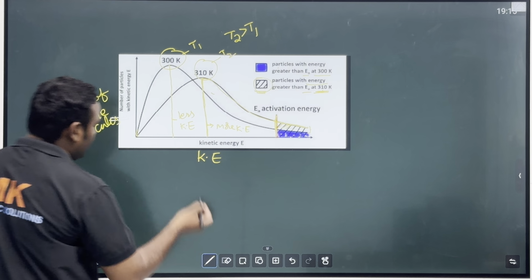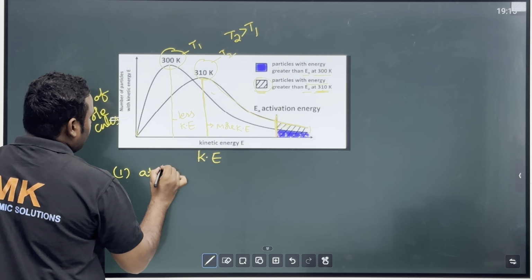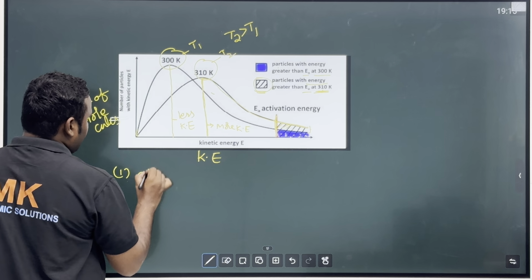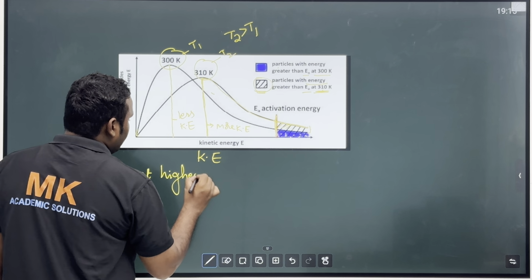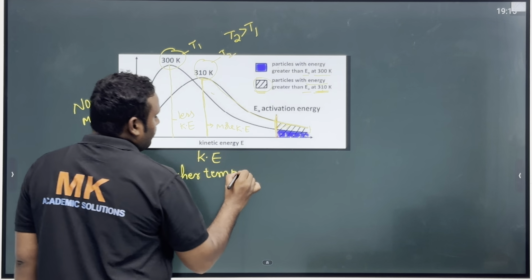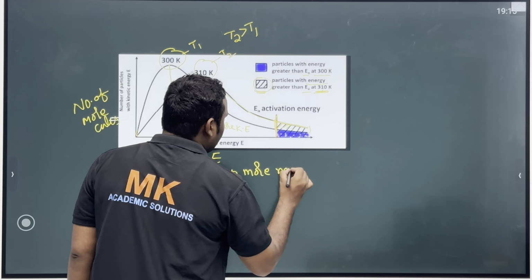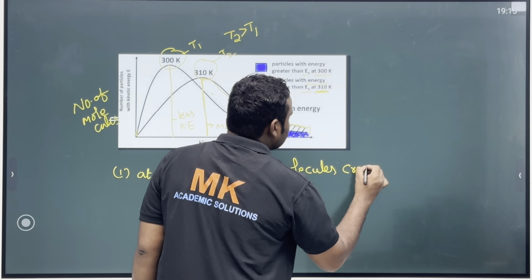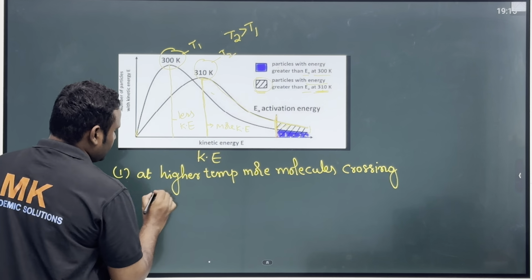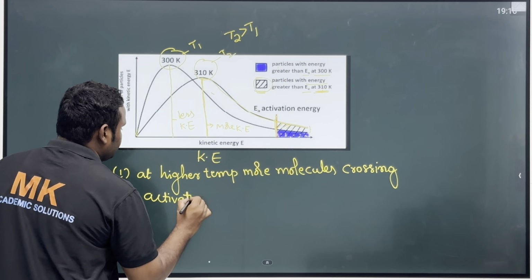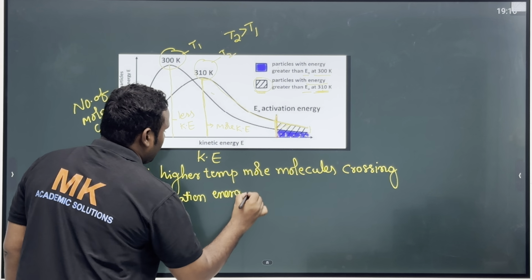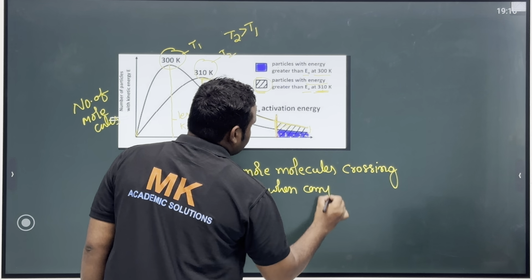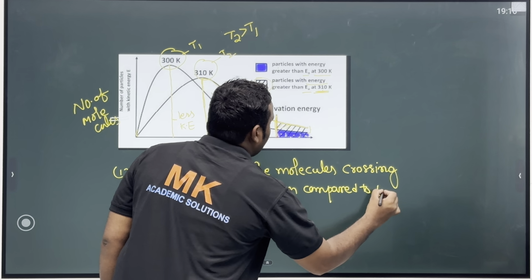So what conclusions can we draw from this graph? At higher temperature, more molecules are crossing the activation energy when compared to low temperature.